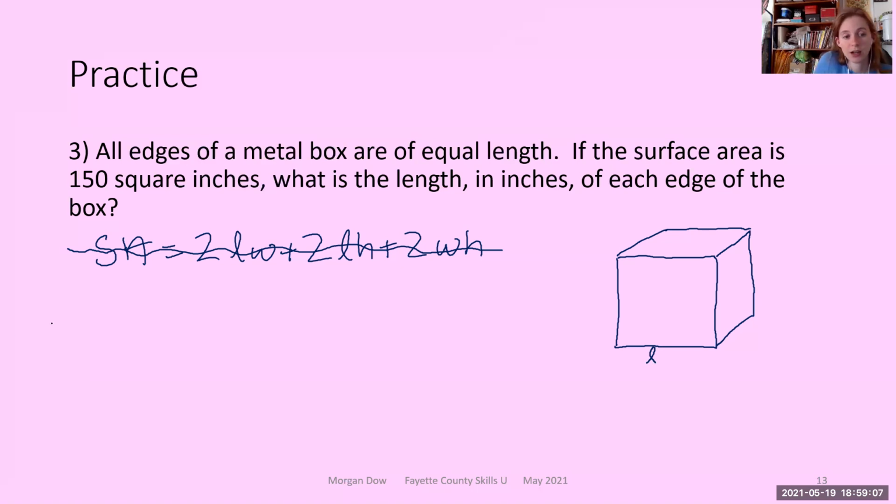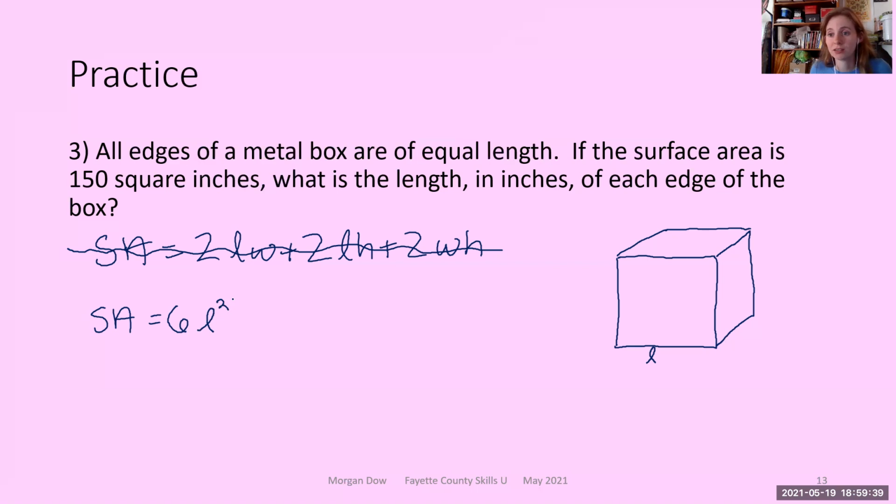So the surface area is going to be adding up the areas of all 6 of these identical squares. So it's 6 identical areas. We could think of it as 6 times the area of one of these squares. The area of one of the squares is the length times the length, or the length squared. So 6 times the length squared.